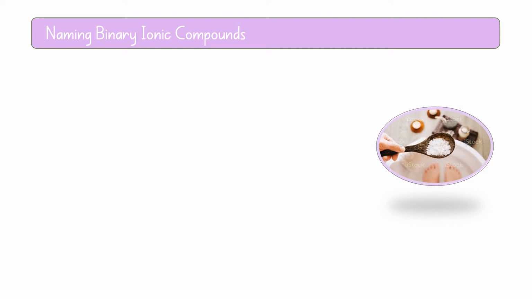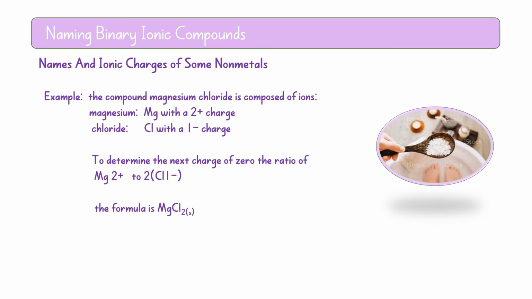What is this? An example. The compound magnesium chloride is composed of ions, magnesium, Mg with a 2+ charge, and chloride with a 1- charge.